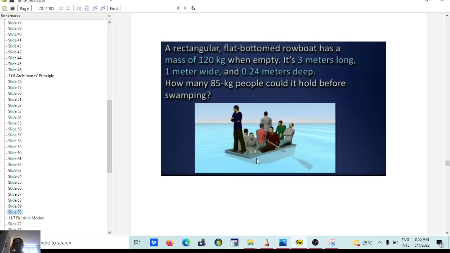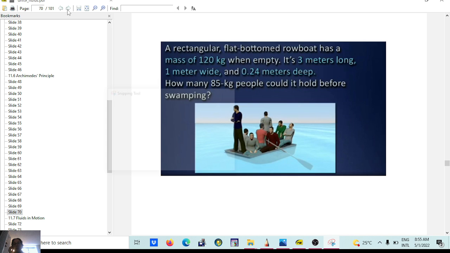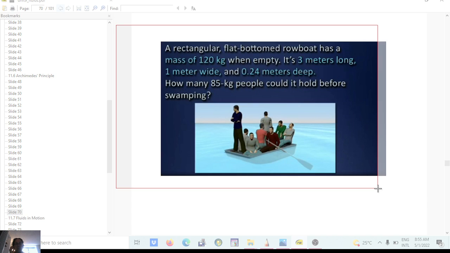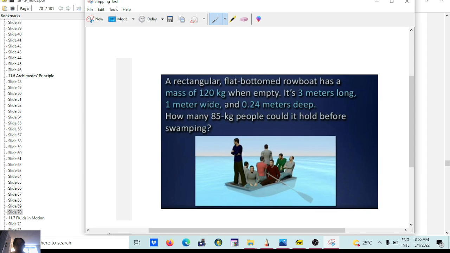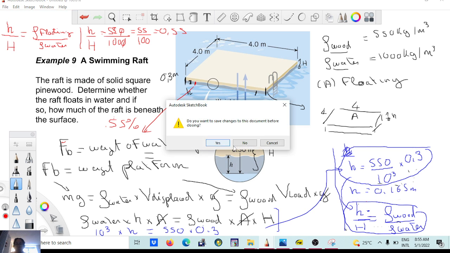How many 85 kilogram people could fit in that boat? You can pause the video and try to do this one. It's worth it to try.